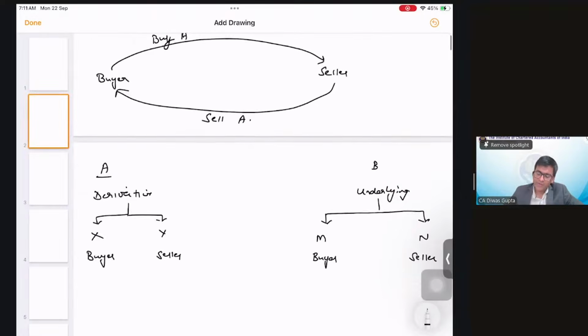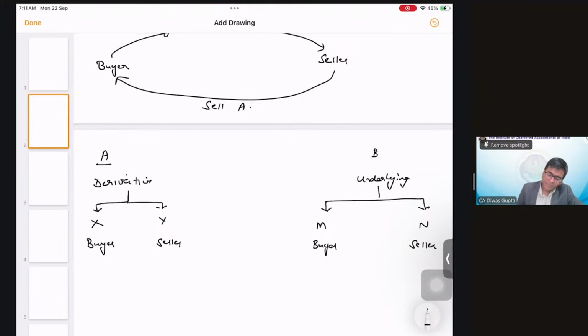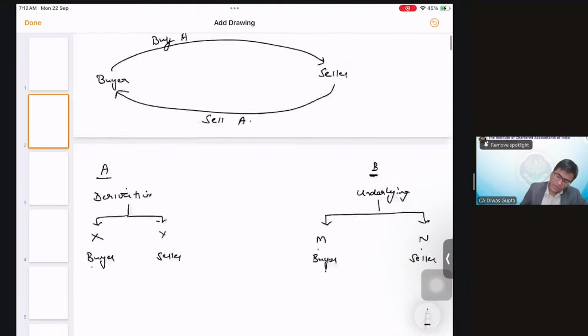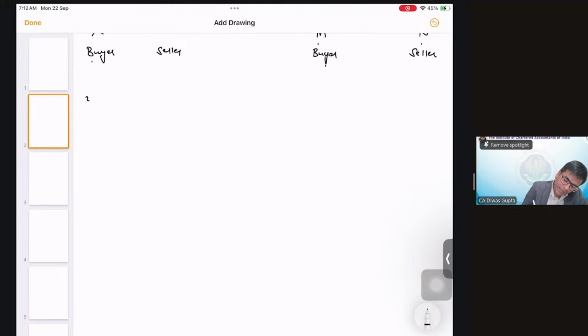There is a specific company for which we are talking about the equity shares. So for that equity, the underlying is equity. So M and N will act as buyer and seller. And for A, which is the derivative on that equity, there will be different buyers and sellers. Clear? Yeah. Then the second feature we already discussed. This is the first one. Let's go to the second one.